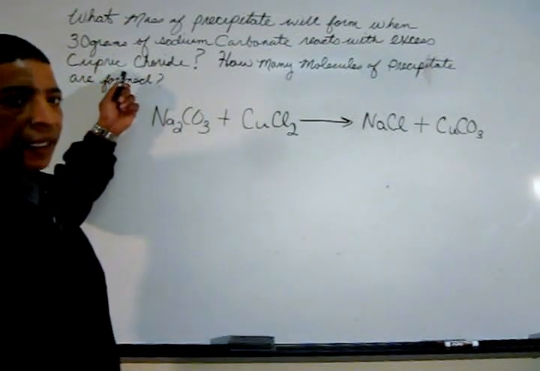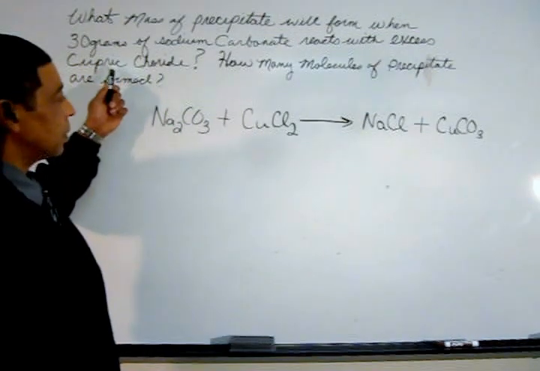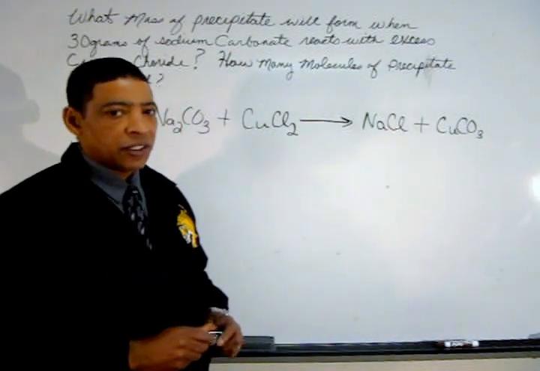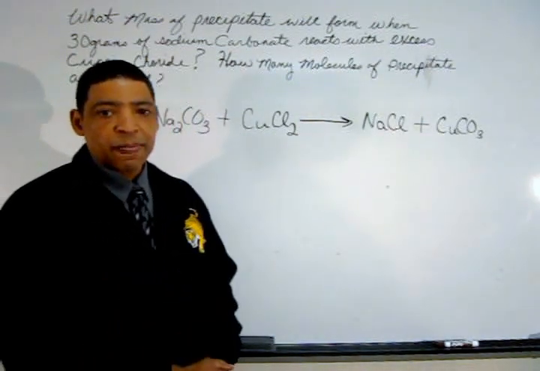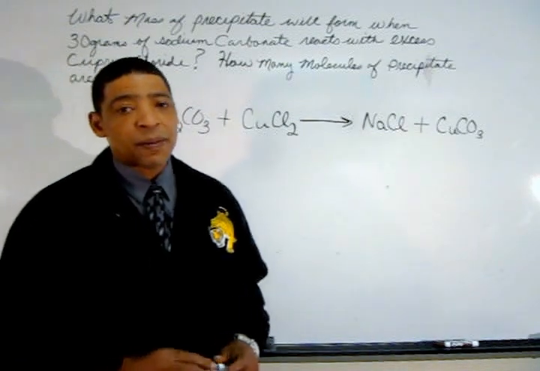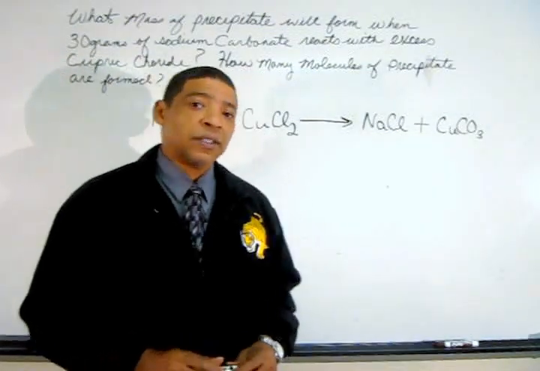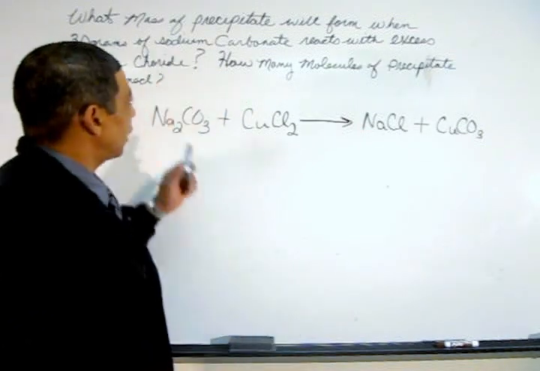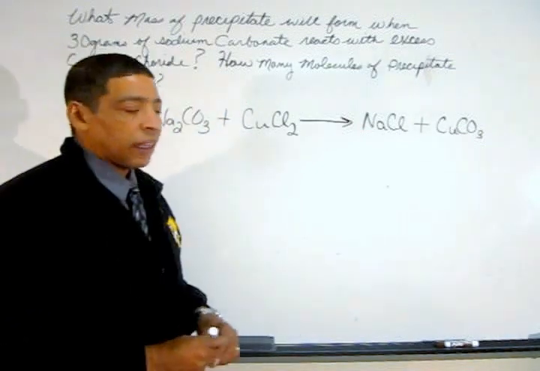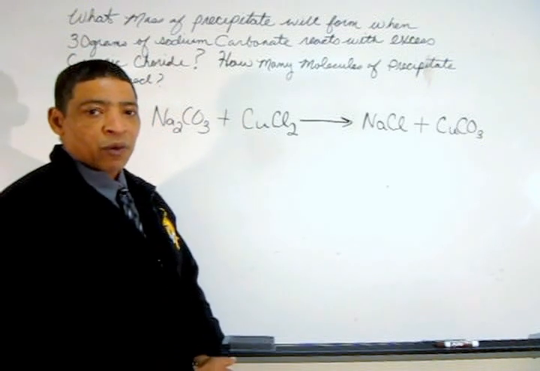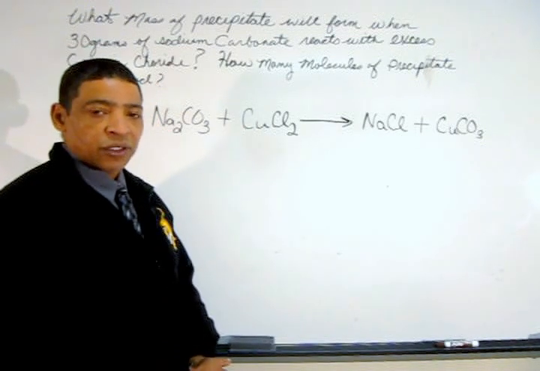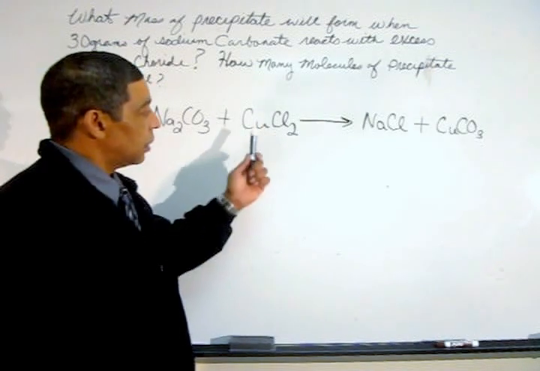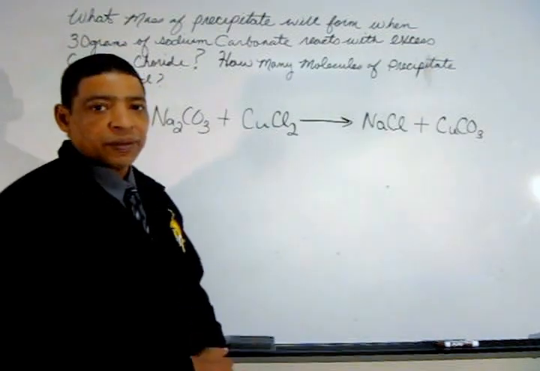Cupric, the -ic ending for the copper, indicates that copper will have its higher oxidation state in this formula. Remember, on the periodic table, copper ions may possess a +1 or a +2 oxidation number. The -ic ending indicates that in this compound, copper will possess a +2 charge, which is why the formula is CuCl2.